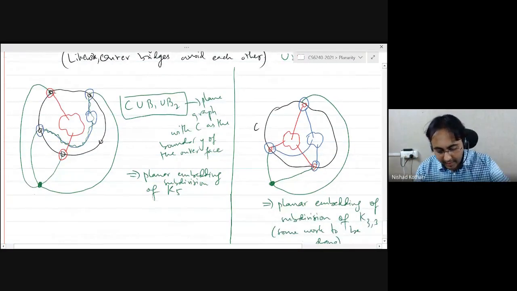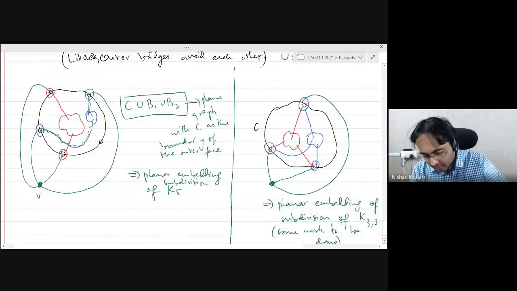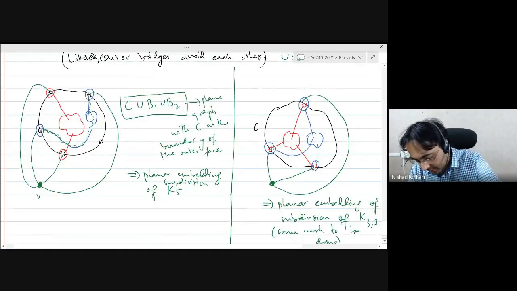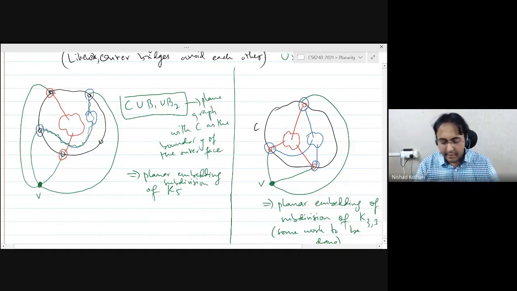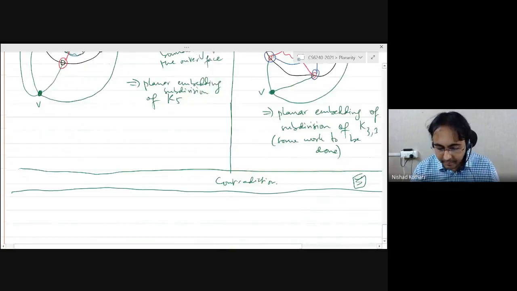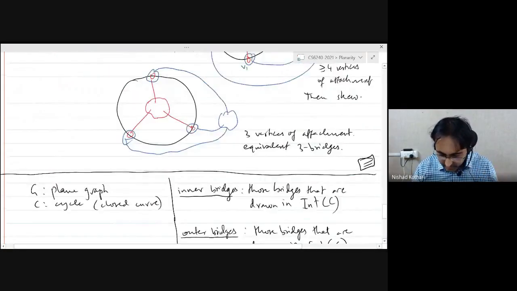And we are adding a vertex in the exterior, in the outer face. So we are always adding a vertex in the exterior, in the outer face, so we can join it to vertices on the cycle. Okay, good. All right, so far so good.